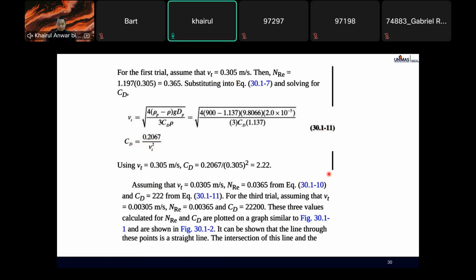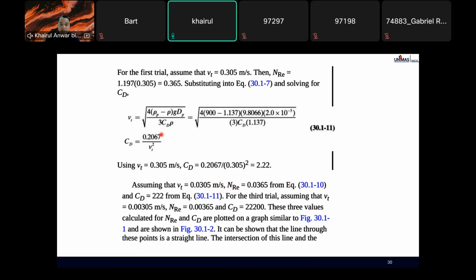Next, assume again the VT is 10 times smaller than the previous VT, so this one is 0.0305 meter per second. Substituting into the NRE equation, we get 0.0365.